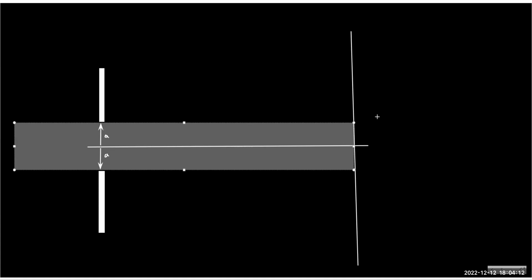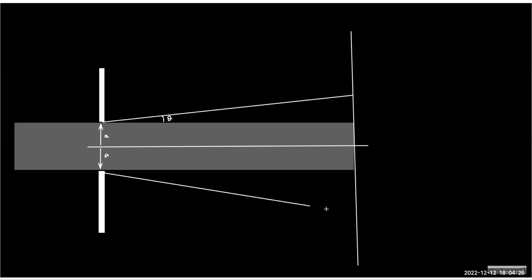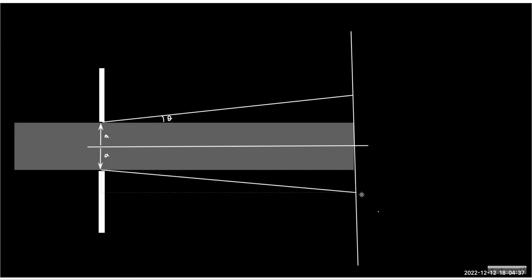But as a result of diffraction, the first minima will be at some angle theta. We take the central maximum as such, and then we take theta from here, and then from here. So this is also theta.